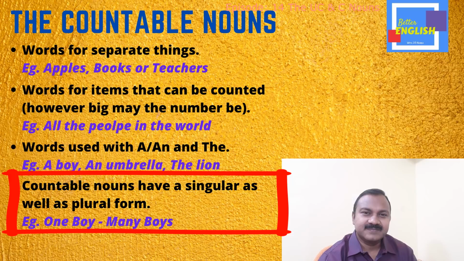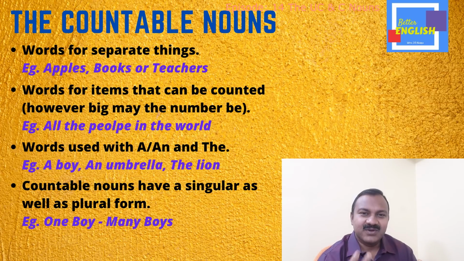So, for example, one boy, many boys. You can also count like one boy, two boys, three boys, many boys. So what's the fourth point? The fourth point is the countable nouns have two forms, singular and plural.